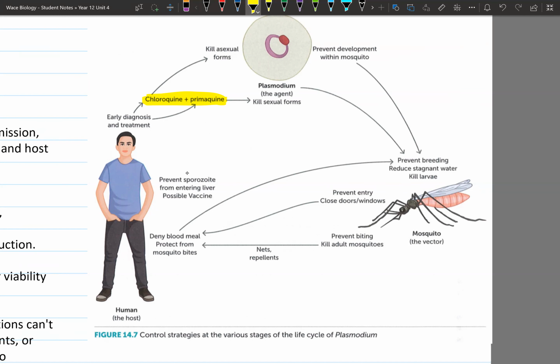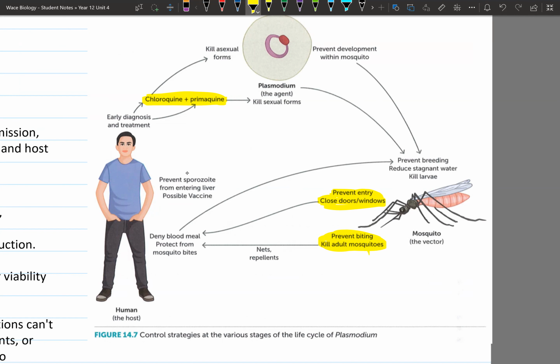Not just pharmaceutical drugs, but also, how can you prevent the spread? Basically, prevent biting, prevent these mosquitoes from coming in, biting, and blood feeding on another individual.